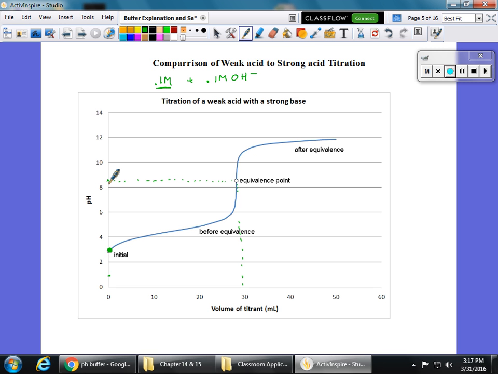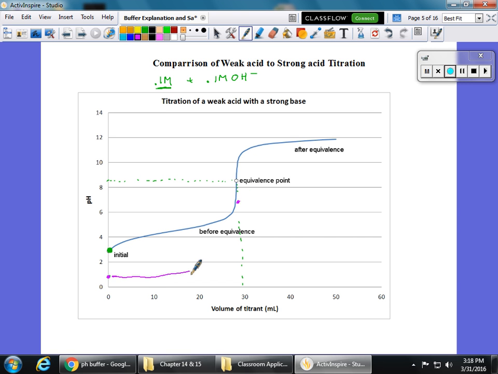If we contrast this with a strong acid, what would a strong acid look like? A strong acid is going to start out down here, and it has an equivalence point that's going to happen at the same volume, but it's going to be down at 7. So its curve doesn't look like this.